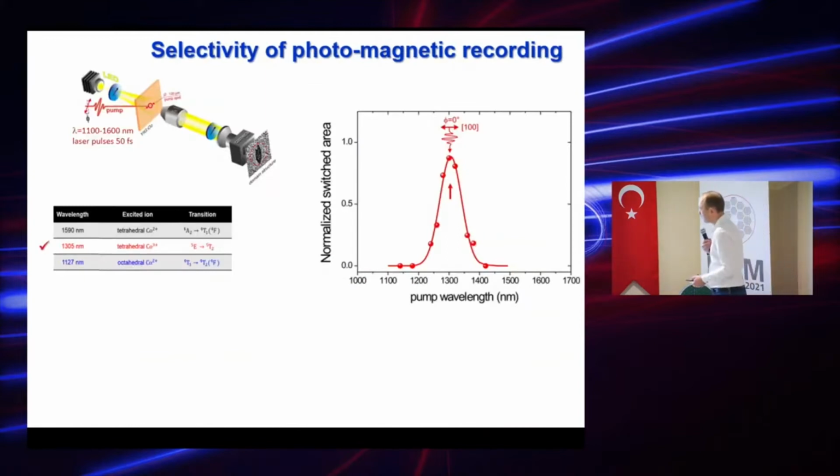We observe the normalized switching area. This is the efficiency of the switching. So a non-zero value corresponds to the switching of the domain, and a zero value corresponds only to the precession of the magnetization. You can see confirmation of the resonance behavior and excitation of an electronic transition close to 1.3 micrometers.